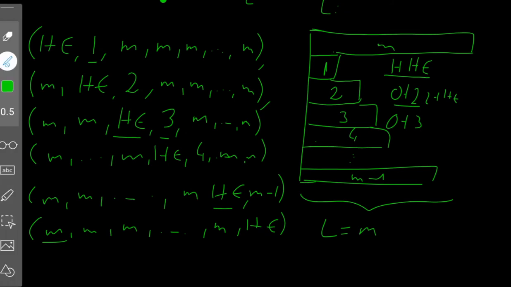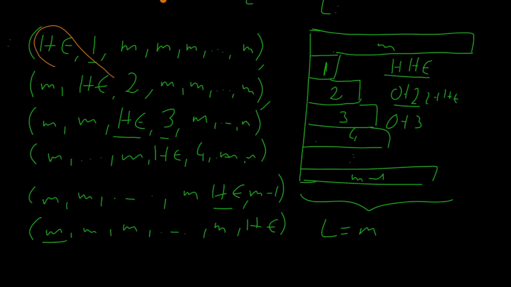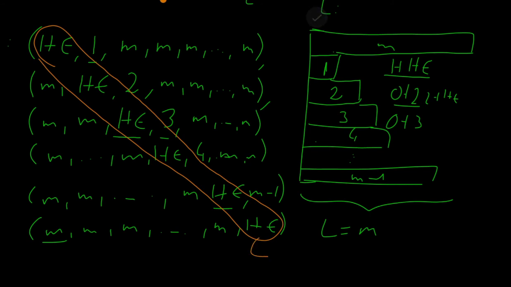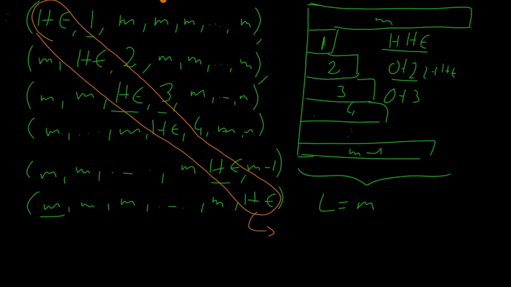While the optimal cost, I'm pretty sure you can see it now, is just to put the ith job on the ith machine. So if you just use these, the optimal cost will be 1 plus epsilon, which means that L divided by L star is indeed m divided by 1 plus epsilon.